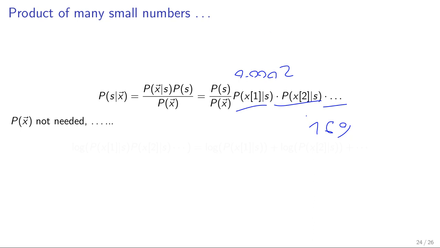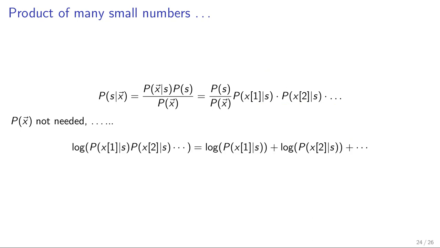That's not good. The remedy, also discussed in the Berkeley lecture, is to use the laws of logs. As you know, the log of a product is the sum of the logs of the individual components. So you will be summing up, and you're not risking this underflow. That's a convenient reformulation.